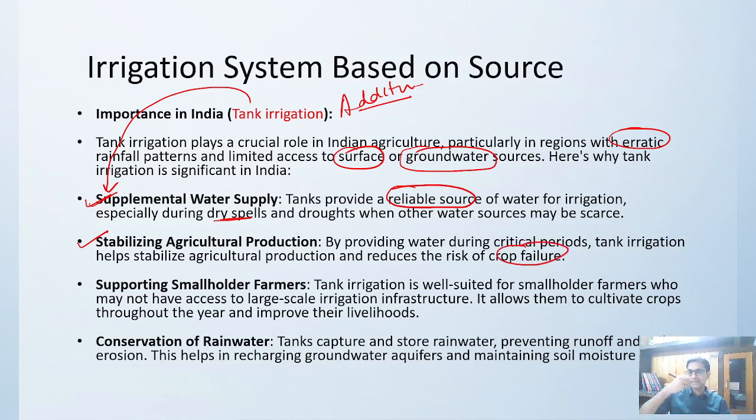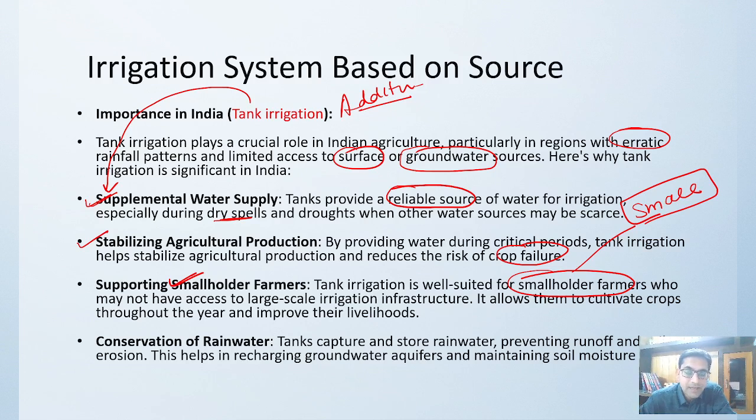Okay, and it is a boon to the smallholder farmer. It is a very big boon to the smallholder farmer, because the tank water irrigation system is well suited for smallholder farmers. Smallholder farmers can dig a small tank in their fields, and they can utilize the water wherever they want, whenever they think that now it is best suited.